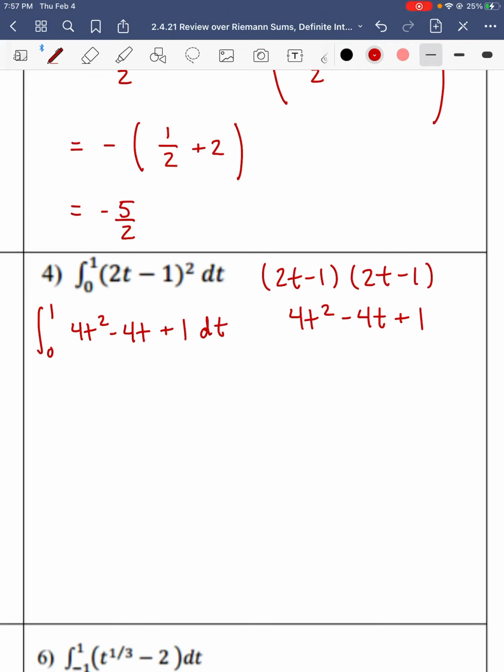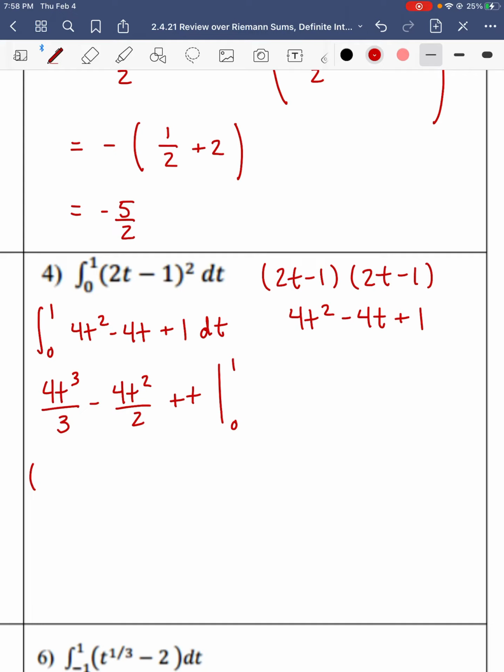And the antiderivative of that would be 4t cubed over 3 minus 4t squared over 2 plus t evaluated from 0 to 1.